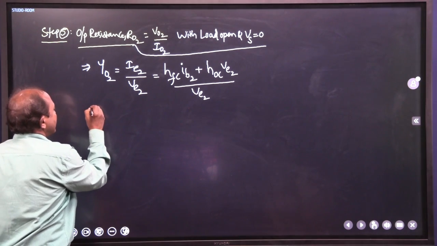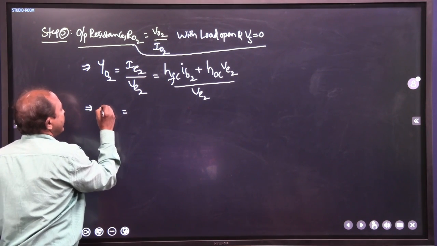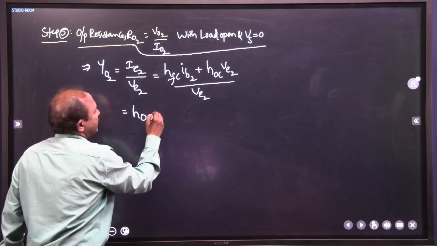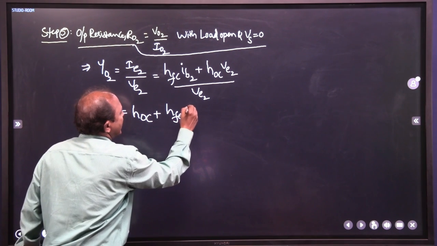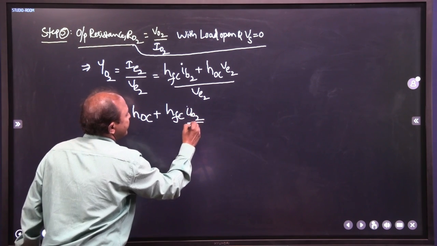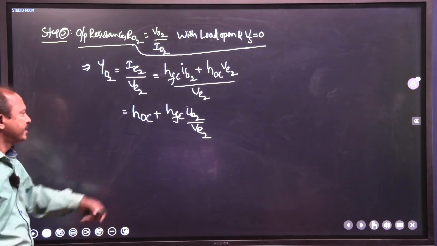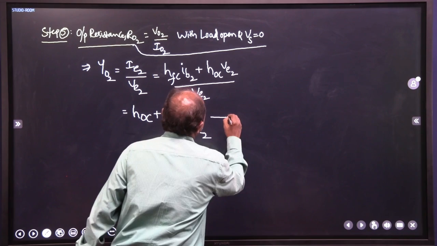So from this, I am going to write Y02 equal to HOC plus HFC into IB2 by VE2. This is the equation we get up to this level. Just keep it as one equation.